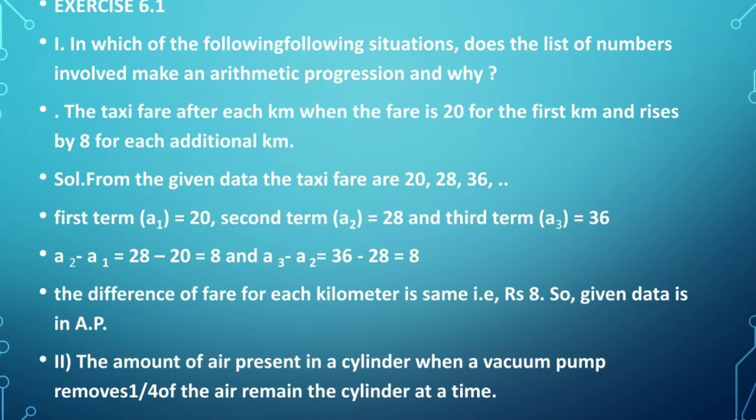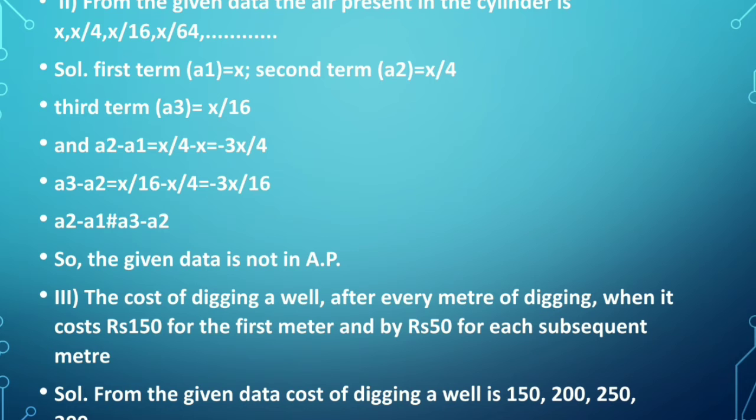The second one, the amount of air present in the cylinder when a vacuum pump removes 1/4 of the air remaining in the cylinder at a time. Now, to solve this one, let us take the amount of air present in the cylinder as X. From the given data, the air present in the cylinder is X, X by 4, X by 16, X by 64 and so on.